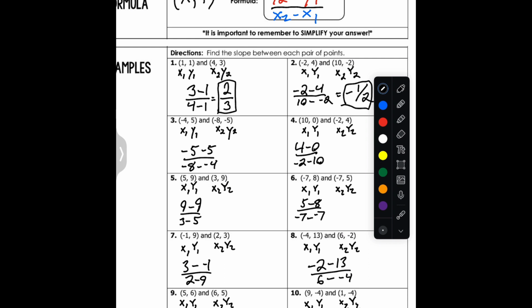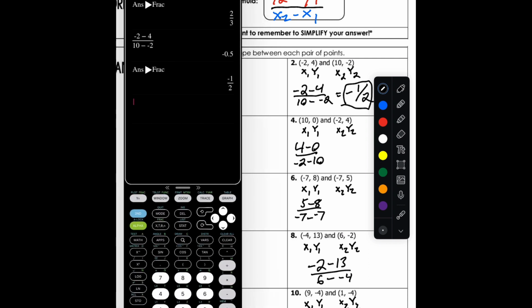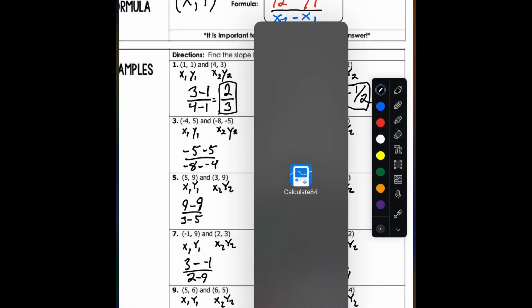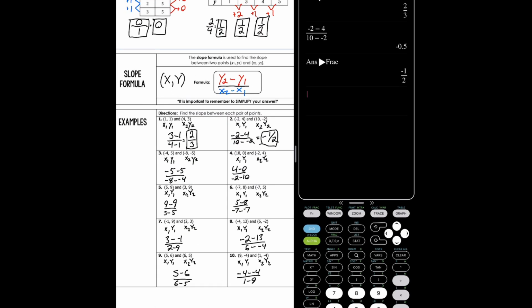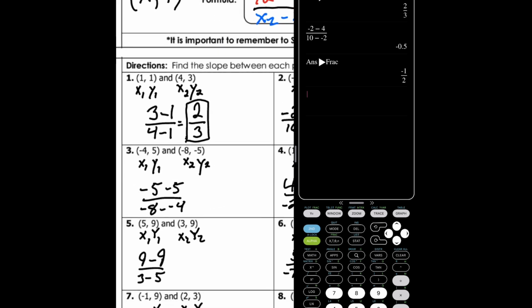All right. So here we go. We have negative 5 minus 5. Let's pull up our calculator. Alpha y equals, enter, negative 5 minus 5.